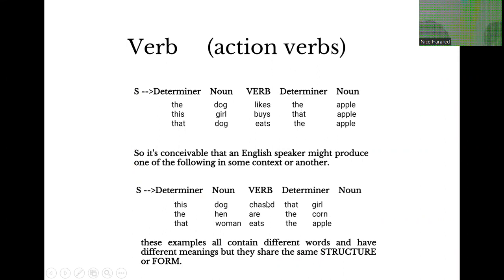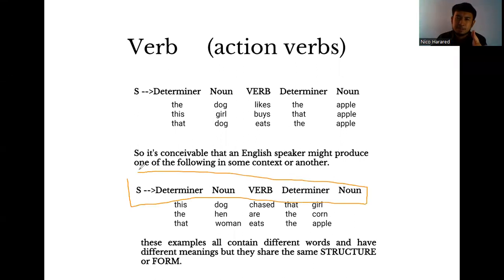This dog kissed that girl. The hen ate the corn and the apple eats the apple. From all these examples, we can find out that different words have different meanings, but they share the same structure or form.